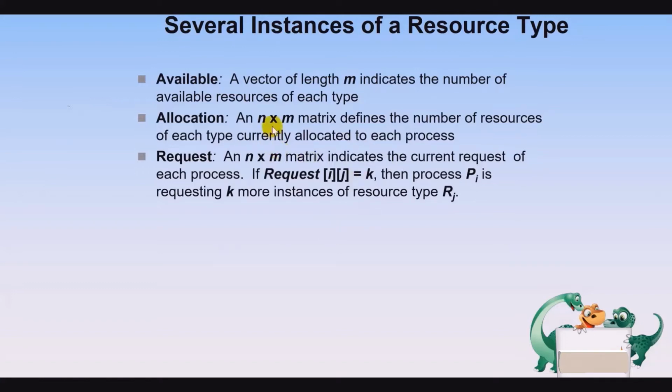Allocation is an n by m matrix that defines the number of resources of each type currently allocated to each process. Request is an n by m matrix that indicates the current request of each process. If Request[i][j] equals k, then process Pi is requesting k more instances of resource type Rj.